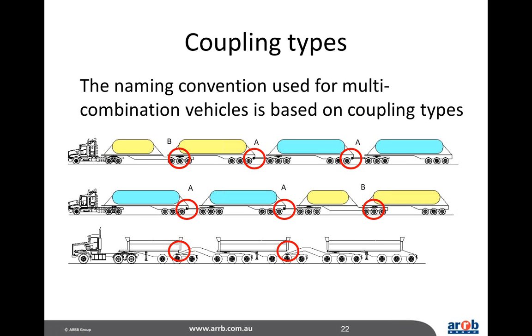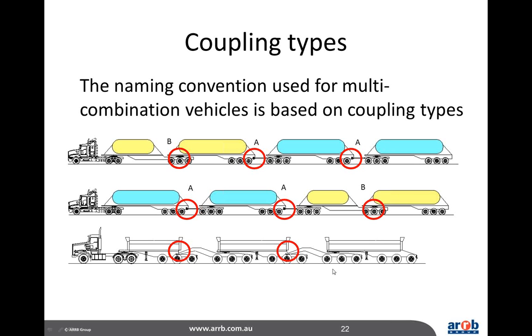So in this case we've shown 2 quad road train vehicles, and they have exactly the same trailers in them, but the first one puts the B double set at the front and the second one puts the B double set at the rear. The turning performance is probably similar between these 2 vehicle combinations, and a lot of the safety indicators will also be the same.